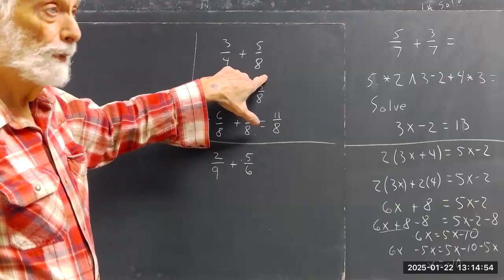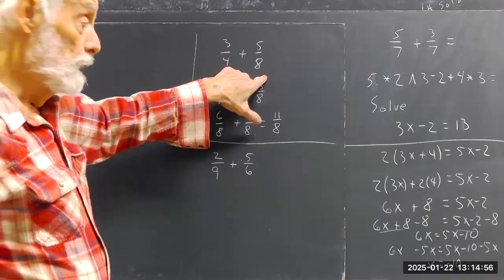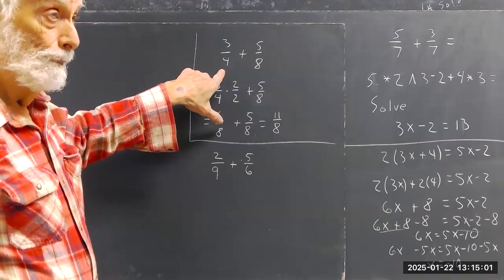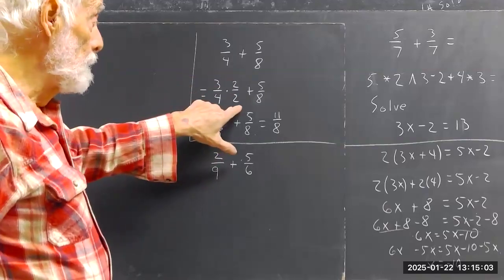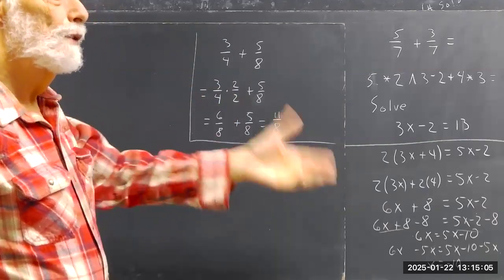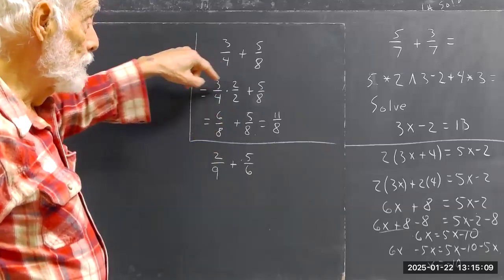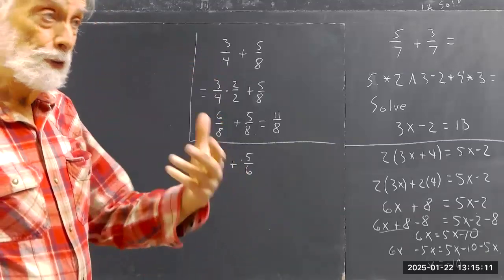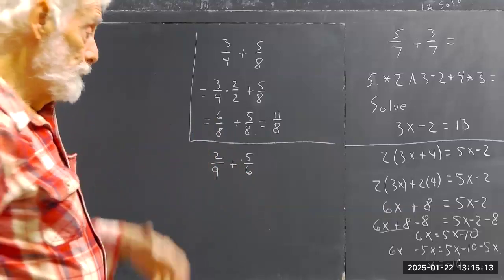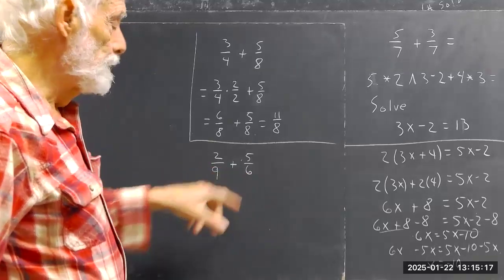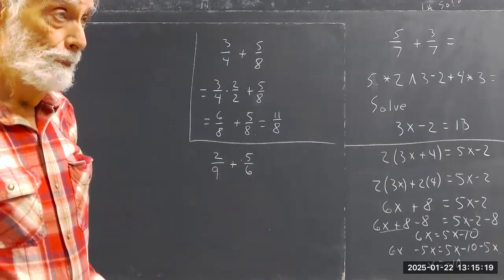What can I do to make them the same? Well, clearly I can multiply 4 by 2. But I can't multiply the 4 by the 2 because that would change the value if that's all I did. I have to multiply 3 by the same number so I don't change the value. Now here, there's nothing I can multiply by either of these numbers that'll give me the other one.